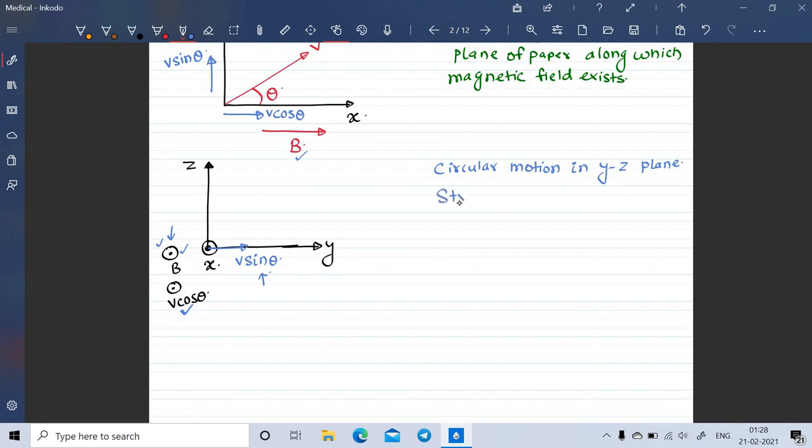So can I say there is a straight line motion along x-axis? I'm talking about in this question for particular. So if you try to analyze this, you are going to get a situation like this. You are covering a circle and you are going in a straight line. You are going in a path like this. And this is x-axis.